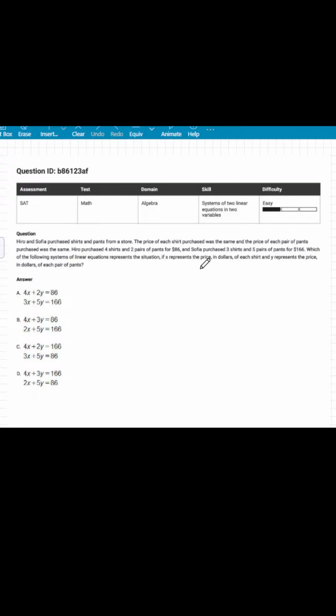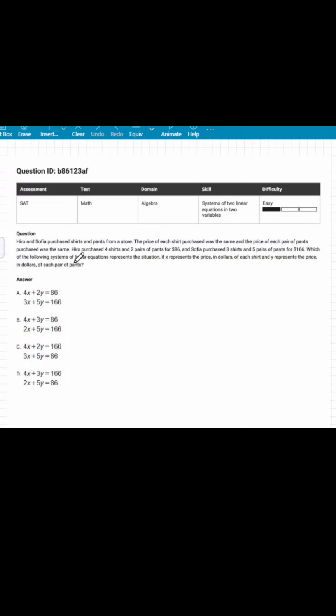So this is a system of two linear equation questions. We have a word problem, which is: Hero and Sophia purchased shirts and pants from a store. The price of each shirt purchased was the same, and the price of each pair of pants purchased was the same. Hero purchased 4 shirts and 2 pairs of pants for $86, and Sophia purchased 3 shirts and 5 pairs of pants for $166.